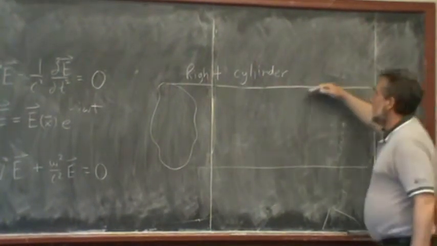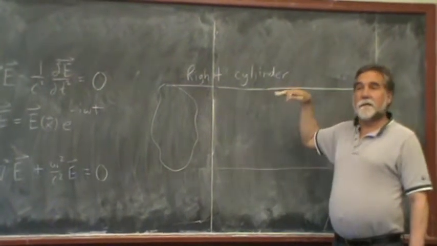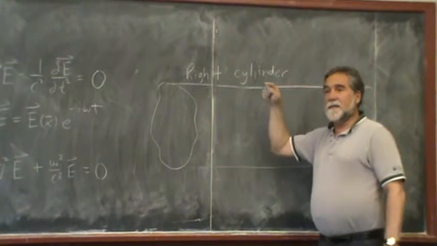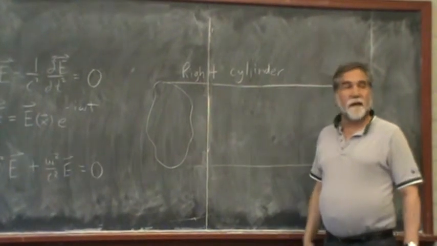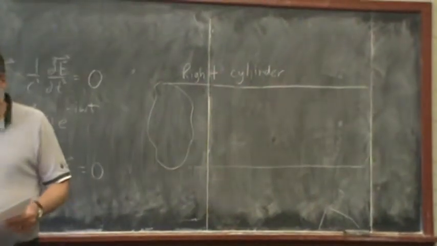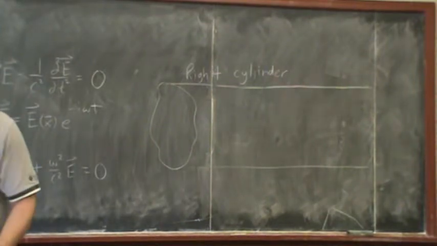The sides are straight, and any line along the side is going to be parallel to another line along the side. Okay? If we do that, then the problem becomes more manageable.